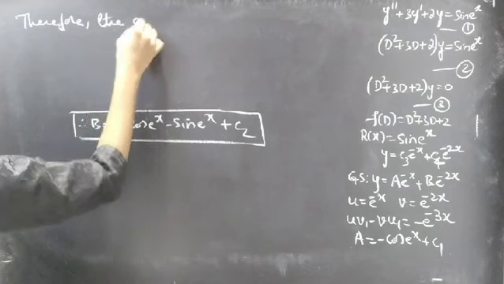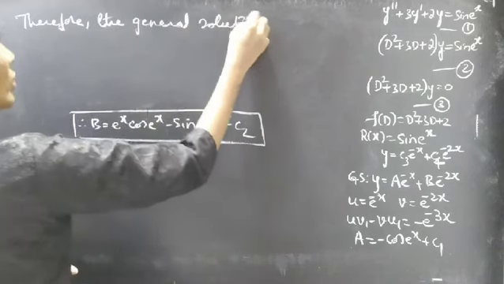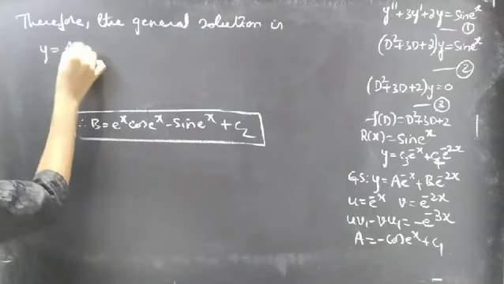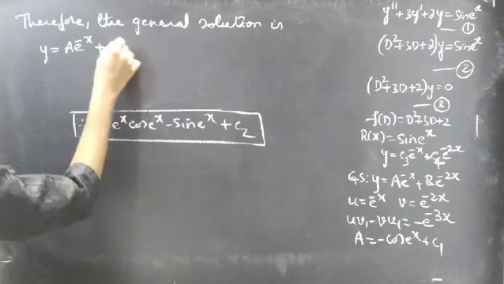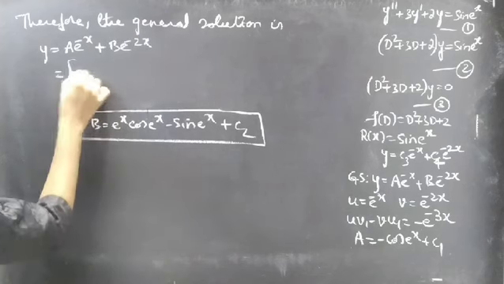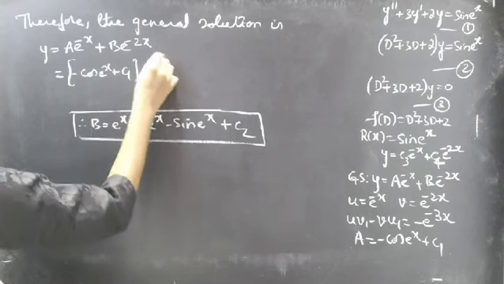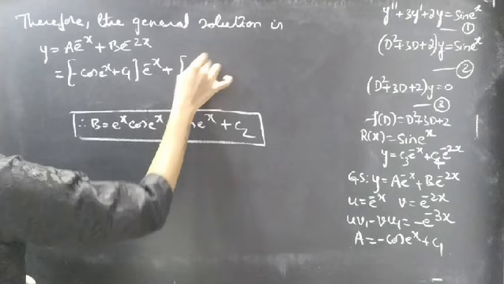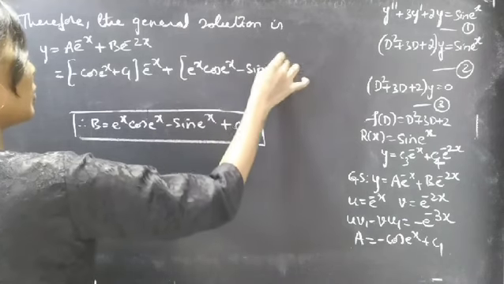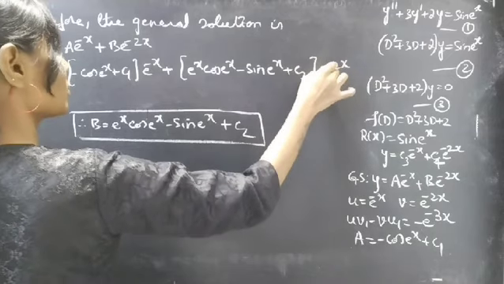Therefore, the general solution is given by y equal to a e power minus x plus b e power minus 2x. Substitute a and b. We have minus cos e power x plus c1, into e power minus x, plus e power x cos e power x minus sine e power x plus c2, into e power minus 2x.